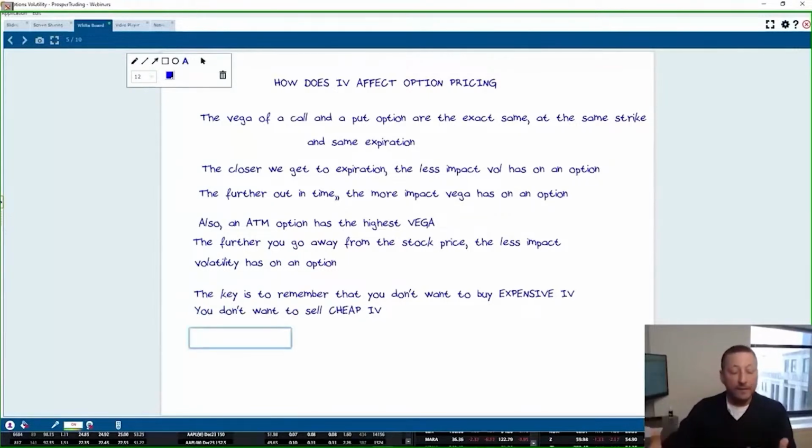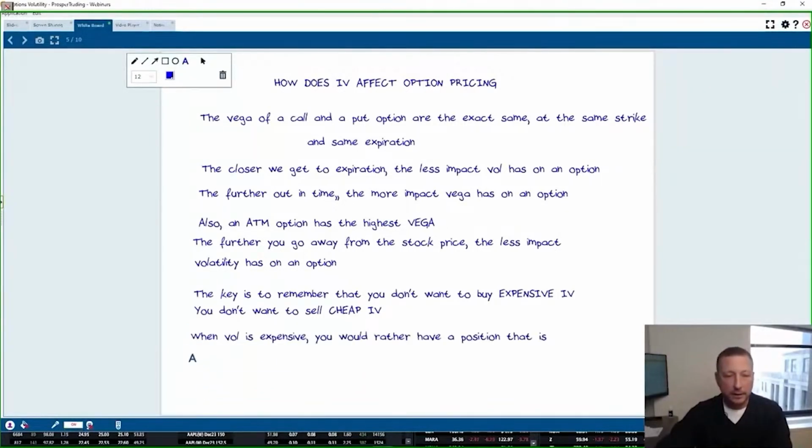So when volatility is expensive, again, regardless of direction, regardless of whether you're bullish or bearish or even neutral, you would rather have a position that is either neutral or short vega.